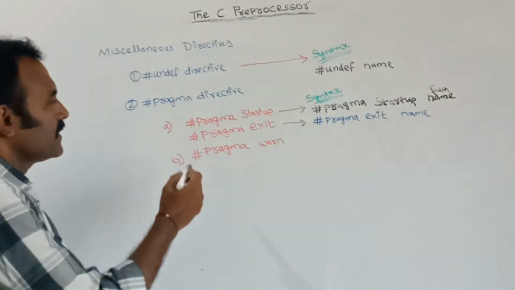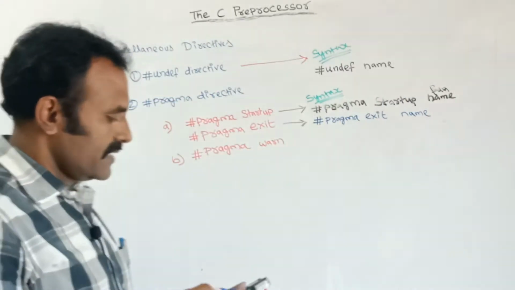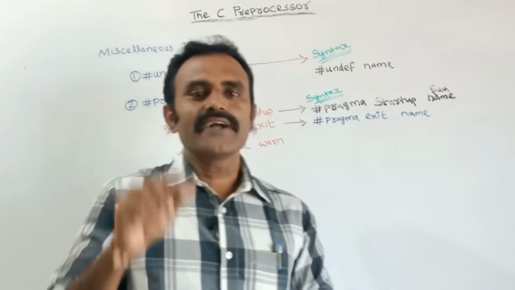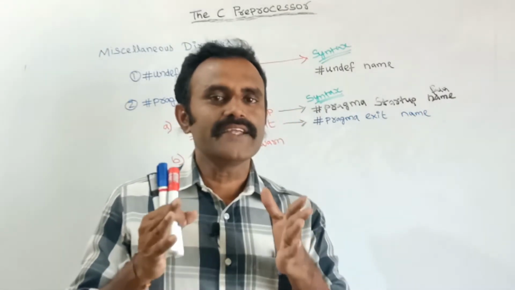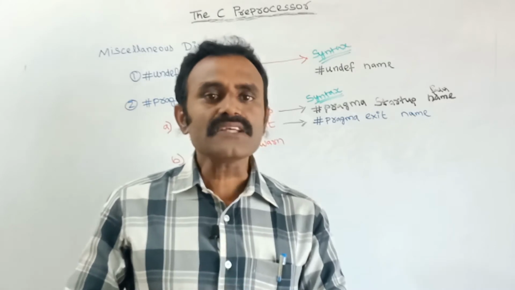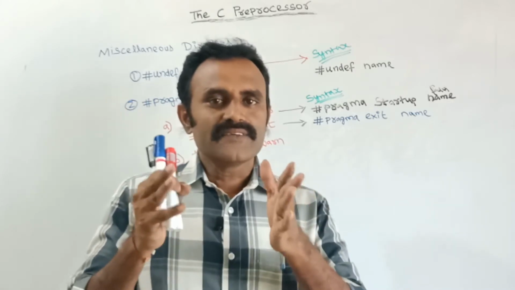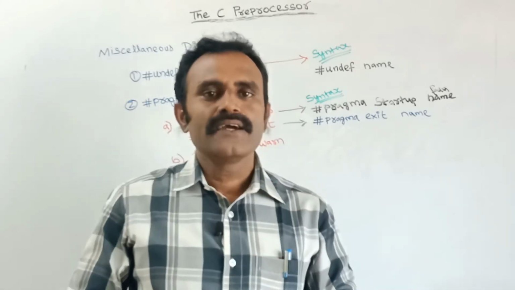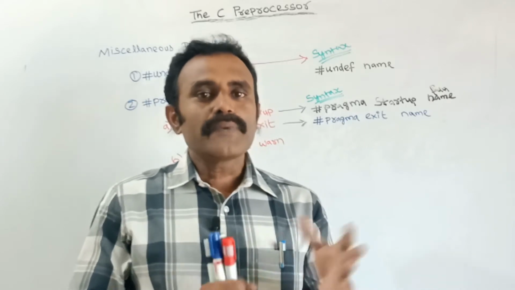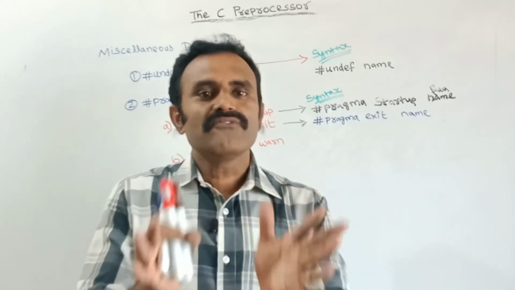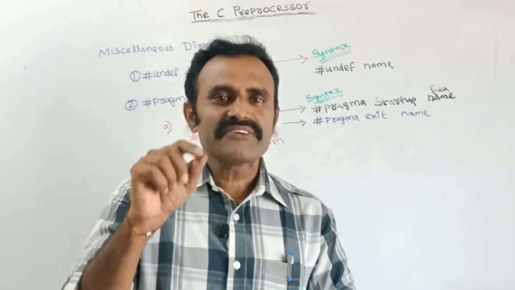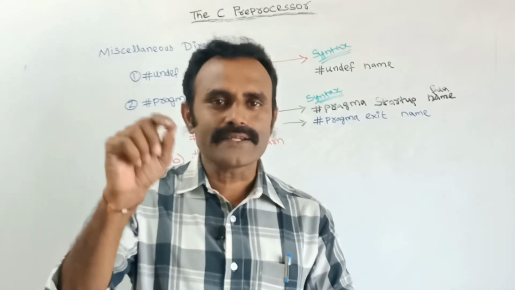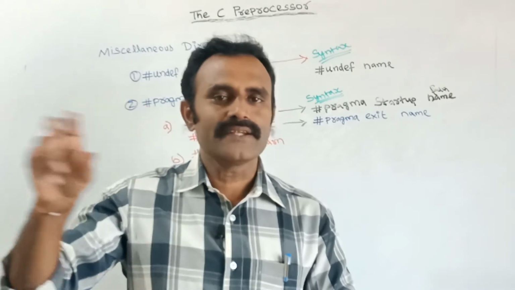Next one, pragma warn. Pragma warn is about warnings. During compilation, when we are running our program, if there is some mistake, the compiler shows the warning and error. If it is an error, we must correct it, then only the program will run.